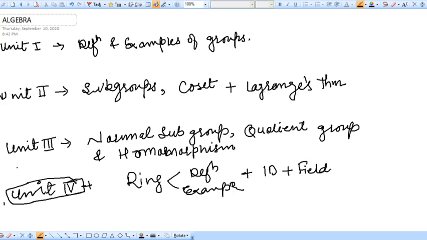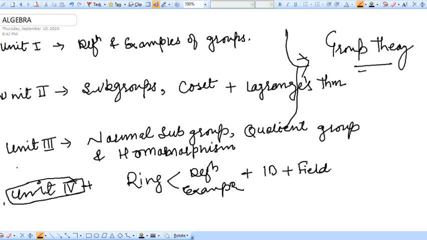So see here, in the first 3 units we will be discussing group theory, and in the final unit, we will be dealing with ring theory. So this is all we are going to cover in this series of lectures, right?